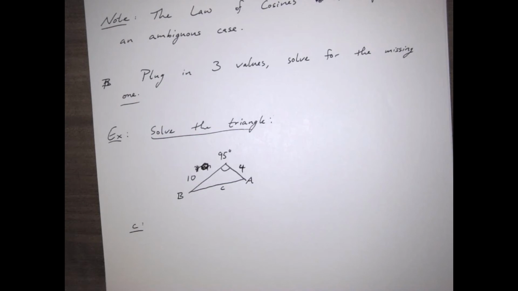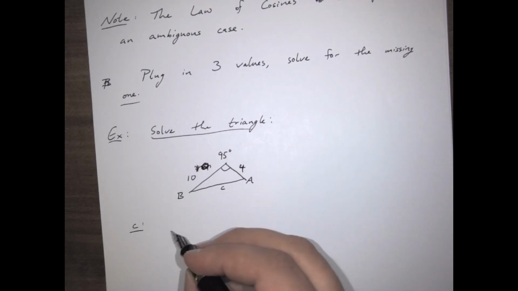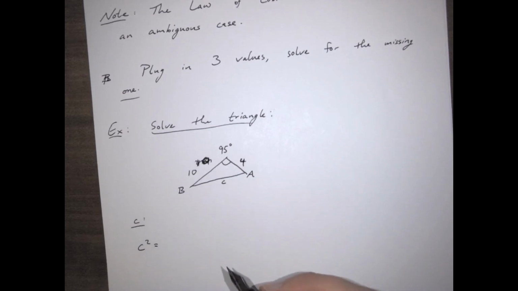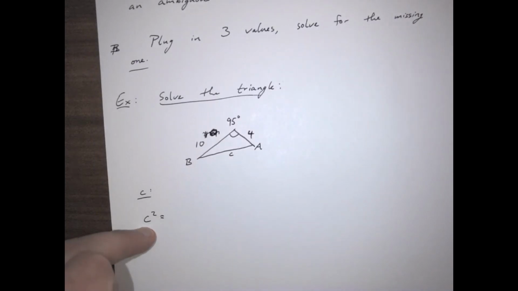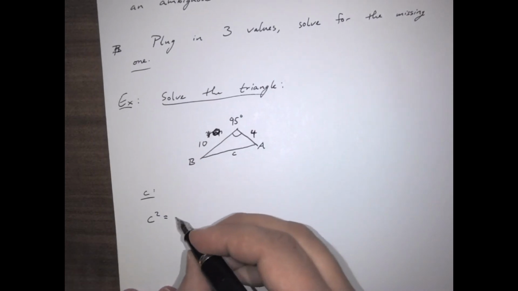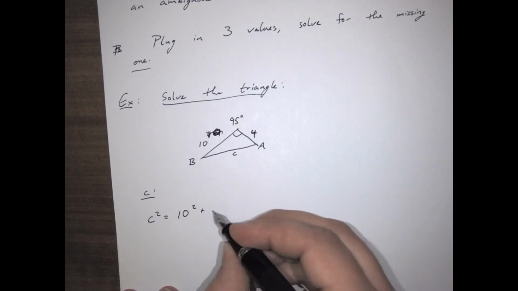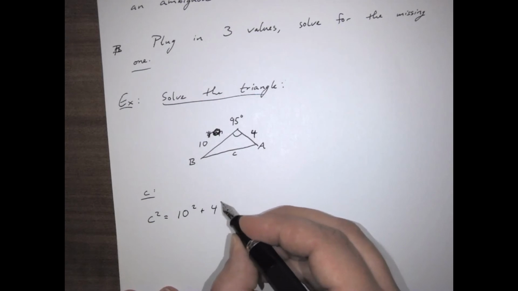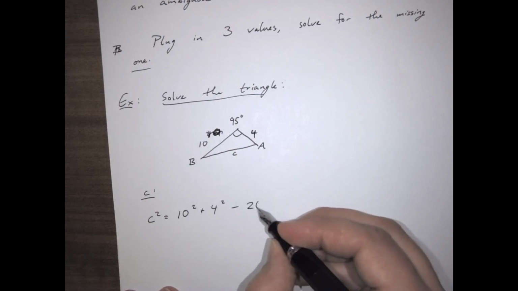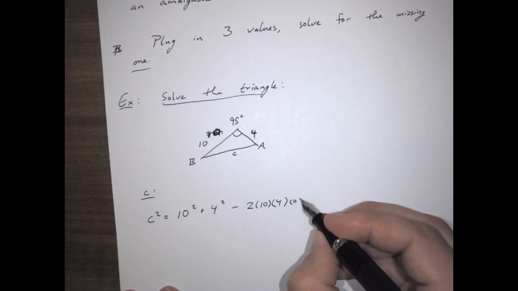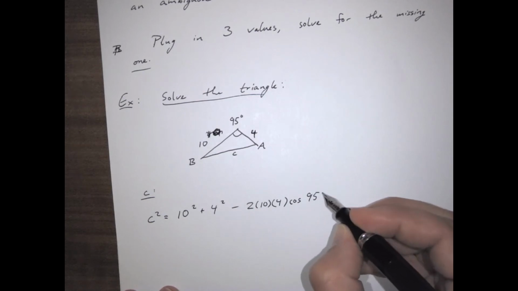So to find little c, we will just use the version of the law of cosines that has the one you want to solve right on the outside there. So it's going to be 10 squared plus 4 squared minus 2 times 10 times 4 times cosine of 95 degrees.